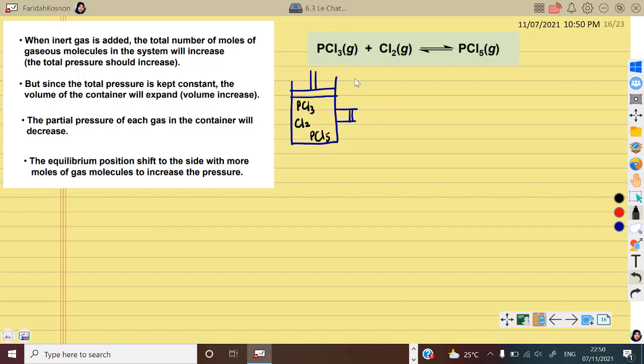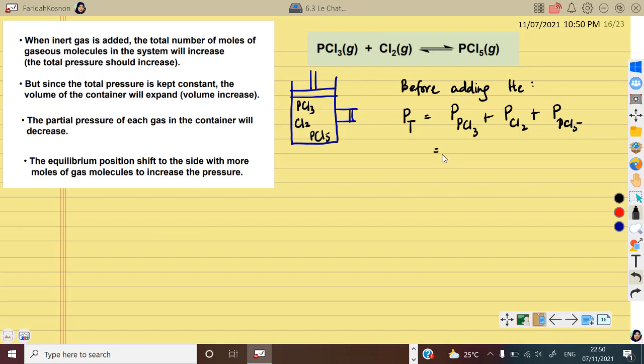Okey, baik. Jadi before adding inert gas, saya beri contoh inert gas tu helium. Berapakah total pressure in the system? P total sama dengan partial pressure of PCl3 plus partial pressure of chlorine gas plus partial pressure of PCl5.